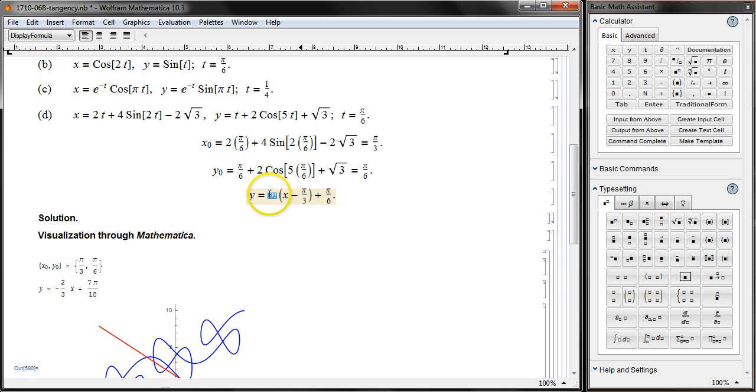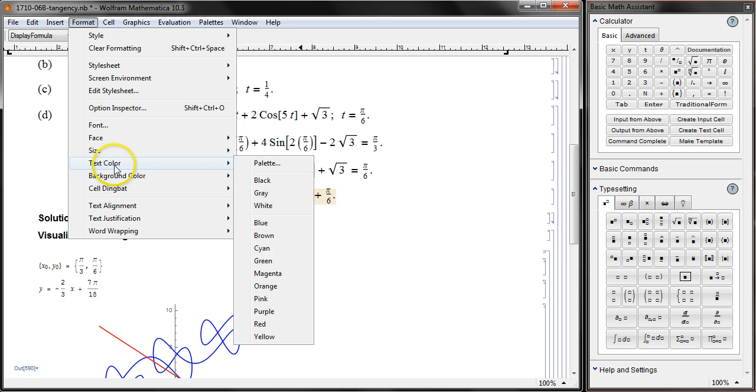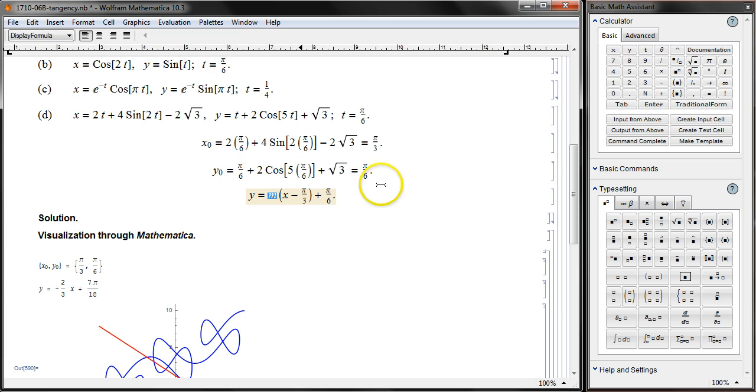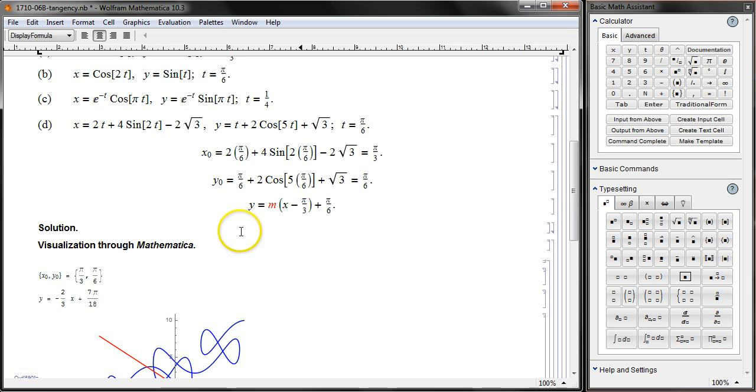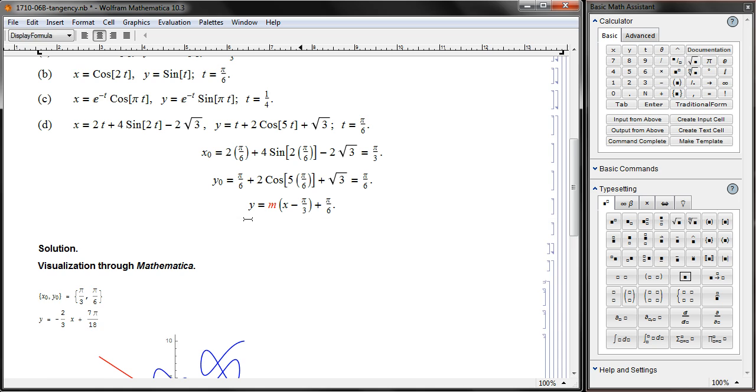And of course, what is my slope? We have to work it out through the derivatives. Or it could be a vertical line, but look at the picture. It doesn't look like a vertical line, so let's just work with this. Now, what is the slope formula?